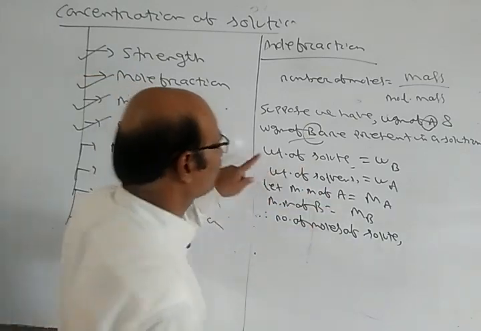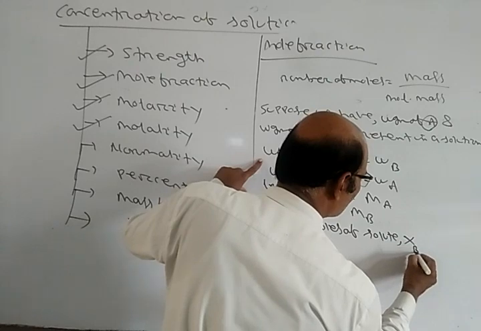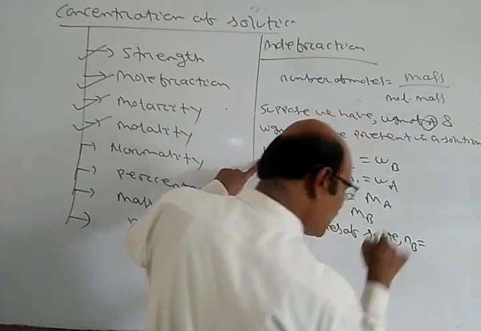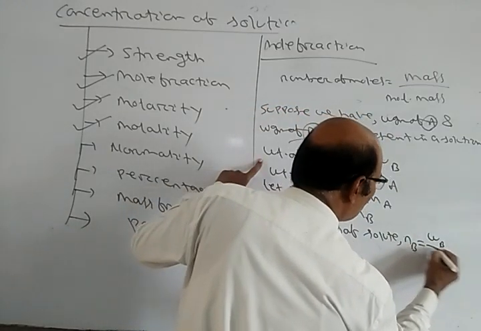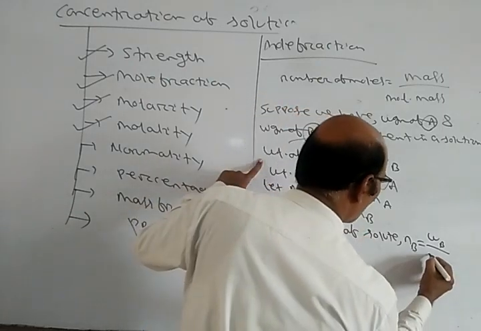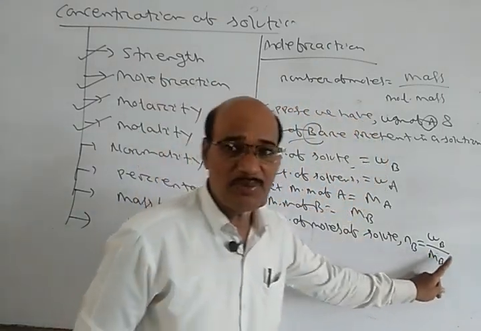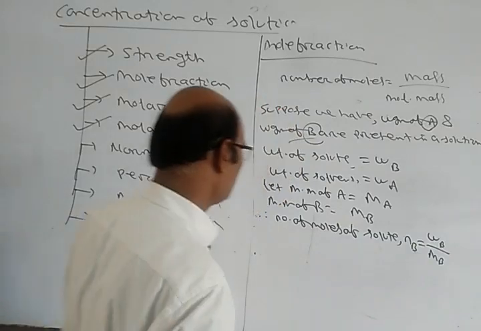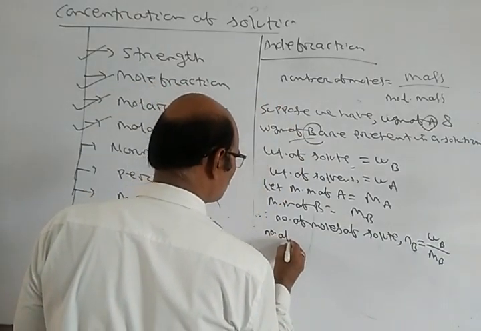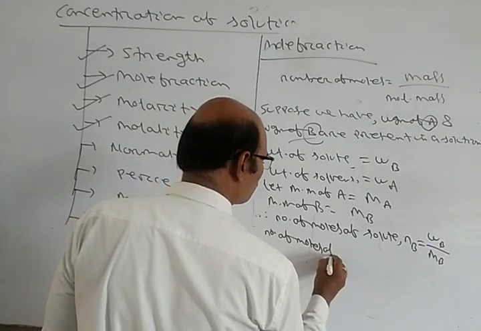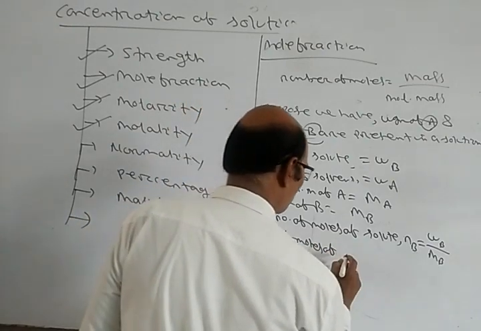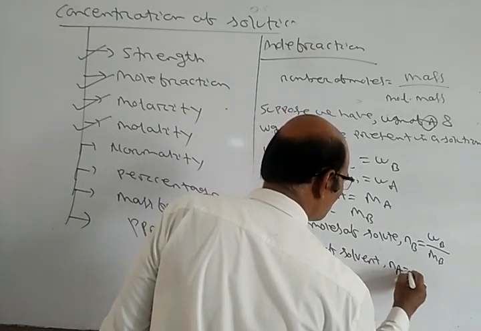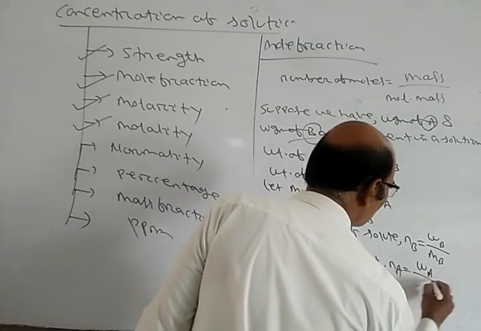Solute is B. Number of moles of solute is N of B, equal to mass of B, WB, by molecular mass of B, M of B. So mass of B by molecular mass of B is equal to number of moles of B. Similarly, number of moles of solvent, NA, equal to mass of A by molecular mass of A.